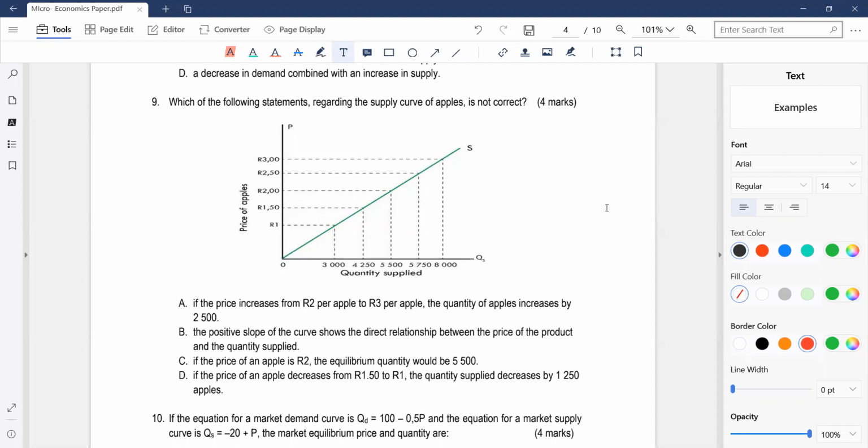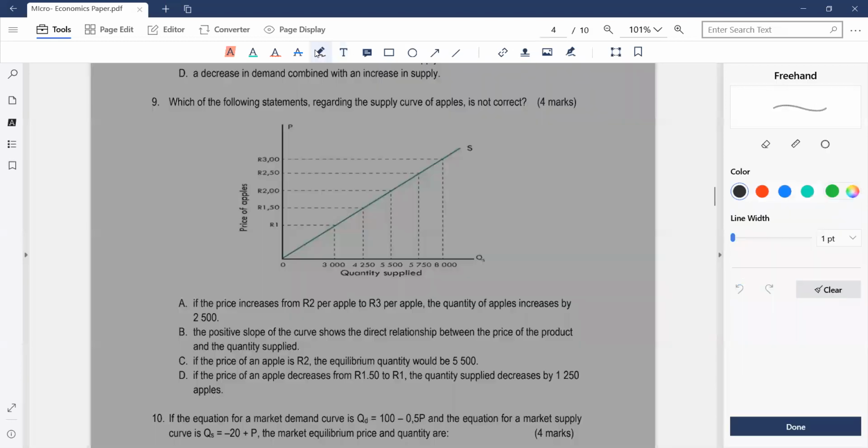A says, if the price increases from 2 rand per apple to 3 rand per apple, the quantity of apples supplied increases by 2,500. That means 5,500 from 8,000 gives you 2,500. So this one is right. We want the one which is not correct.